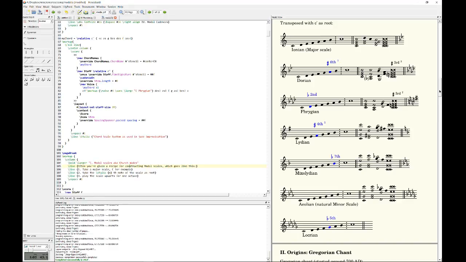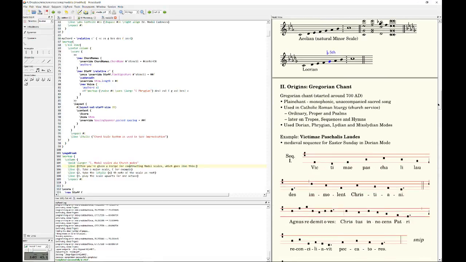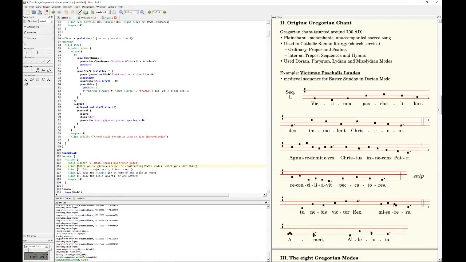Now that we have had a look at the diatonic modes, let's go back in history and find out where the modes came to be. And the modes, also called church modes, come from Gregorian chant, which is a spiritual kind of song which started around 700 AD. It started as a plain chant, which means it's monophonic, so there is just one voice.